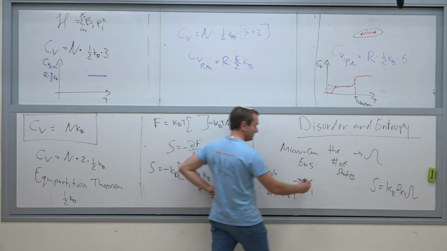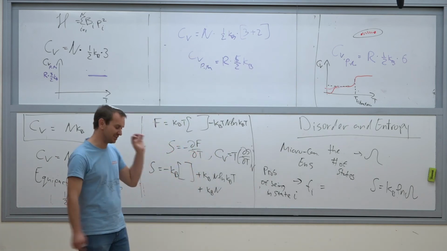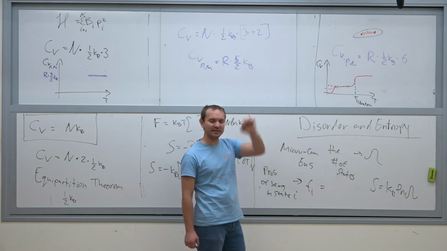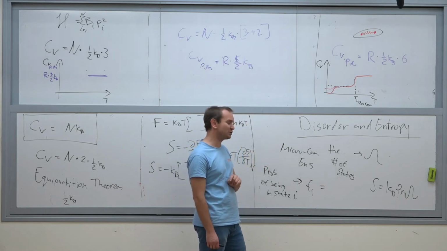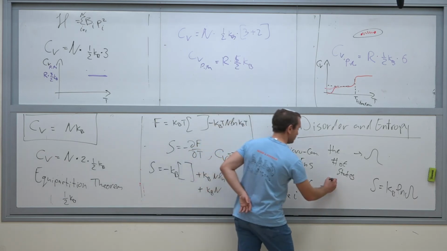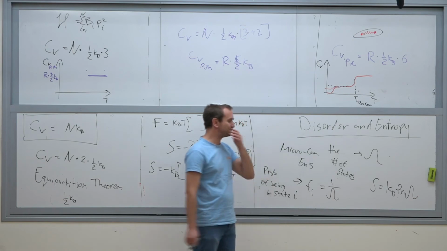What was p_i? Well, the energy in the microcanonical ensemble is exactly constant, and the probability of being in each of these accessible states is exactly the same. So p_i is simply 1 over omega.